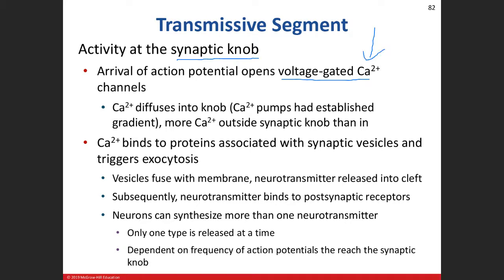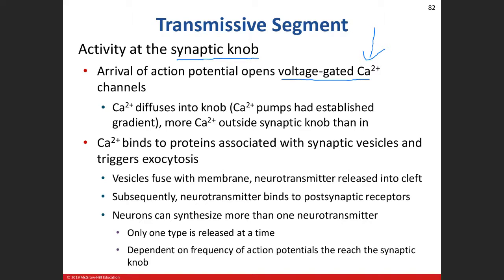So the action potential is going to change the membrane potential. It arrives here at the voltage-gated calcium channel. The calcium channel opens up, and calcium is in a higher concentration outside the neuron than inside the neuron, because at the synaptic knob we also have calcium ion pumps.